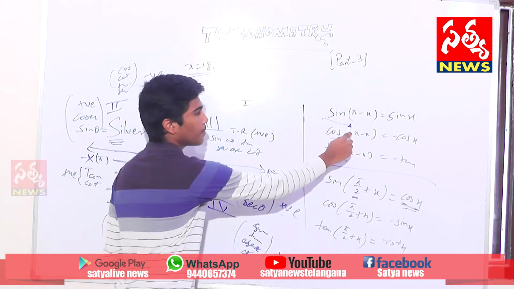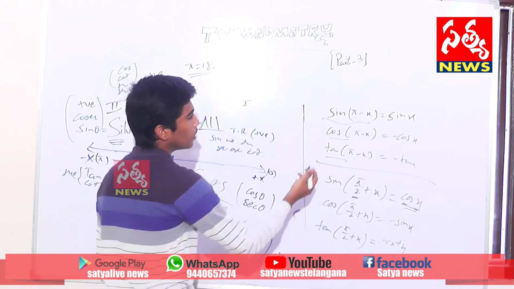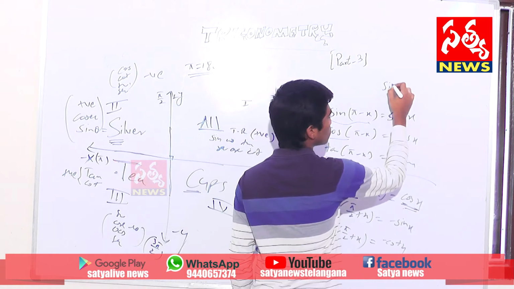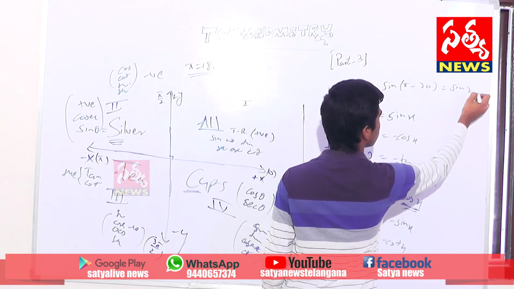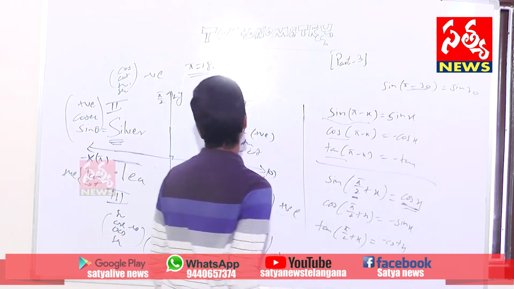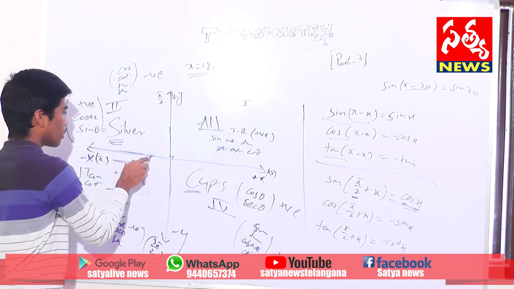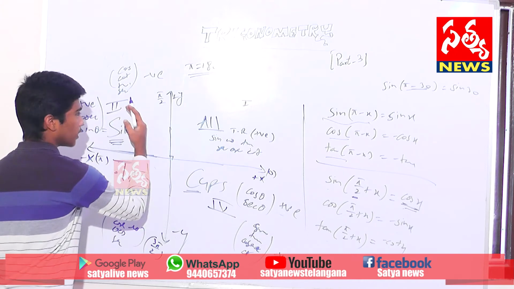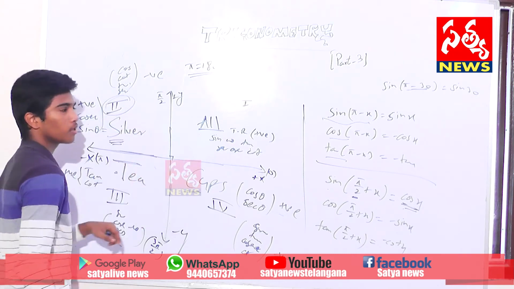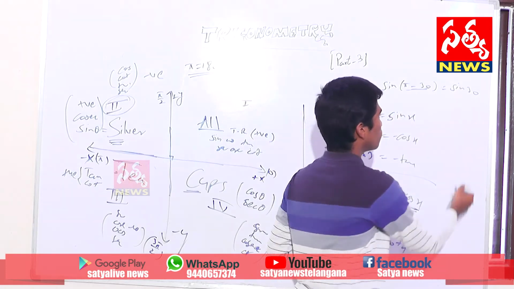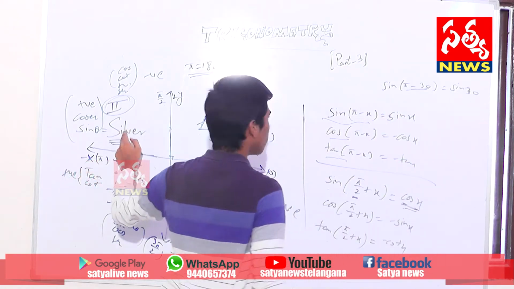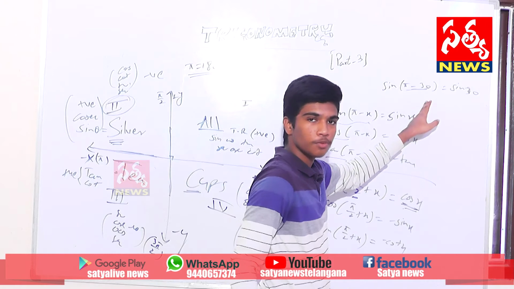See here, sin pi minus x is equal to sin x. Let's take an angle: sin pi minus 30 degrees is equal to sin 30. Sin pi minus 30 lies in the second quadrant, and in the second quadrant, Silver, sin is positive.